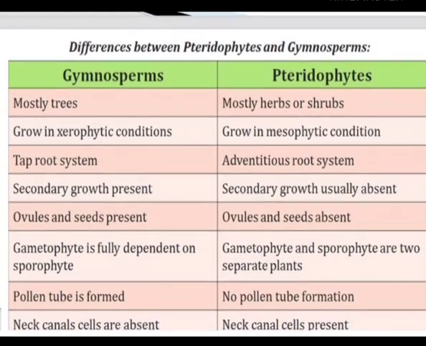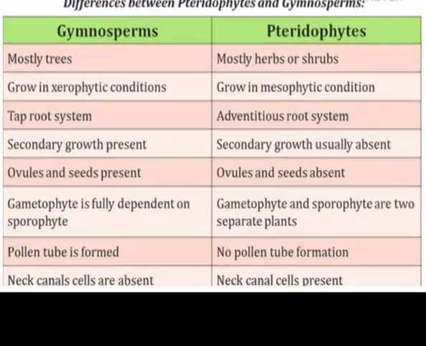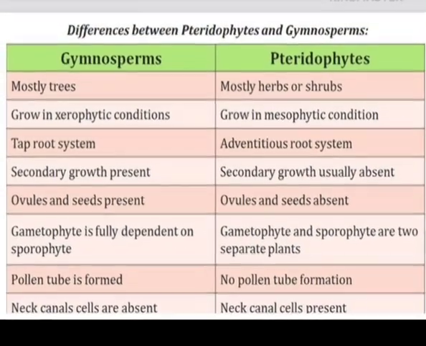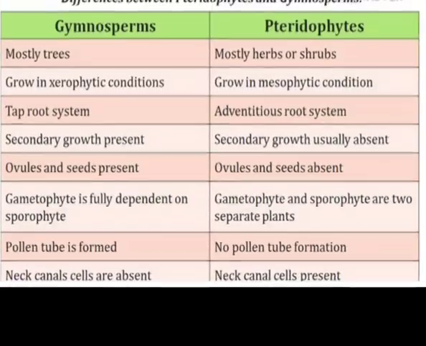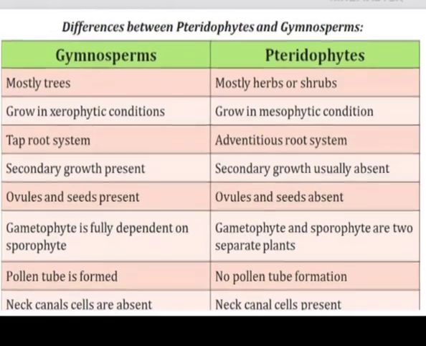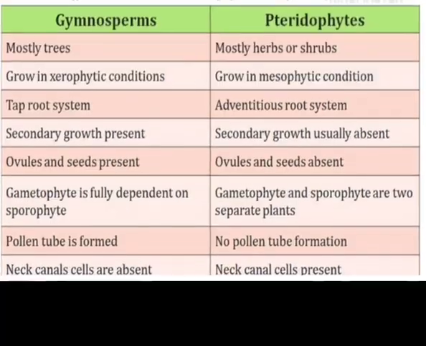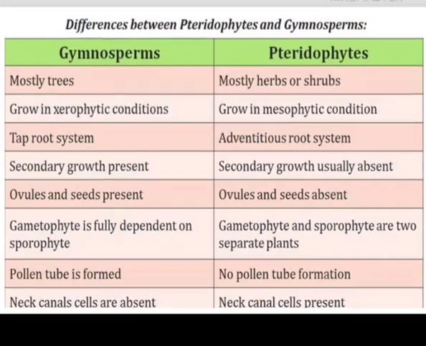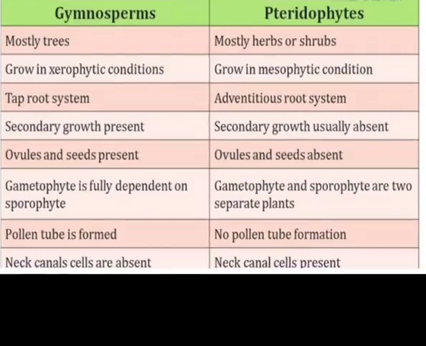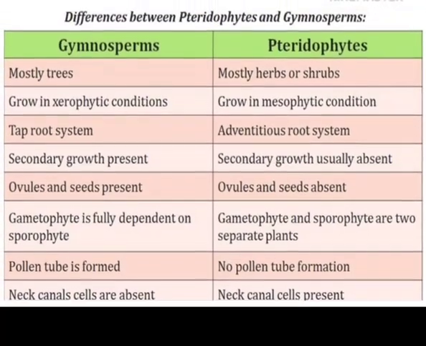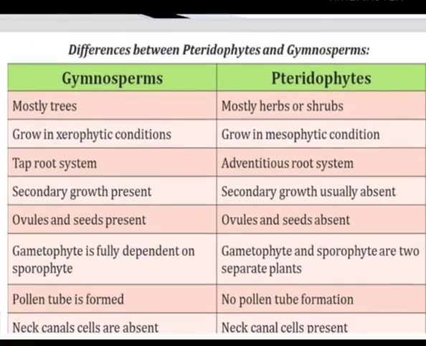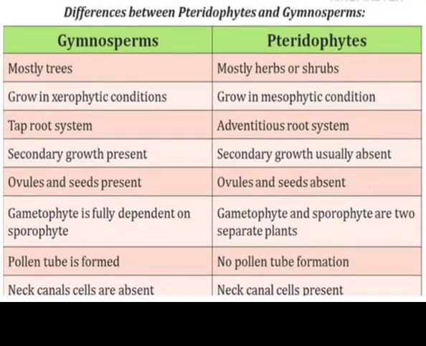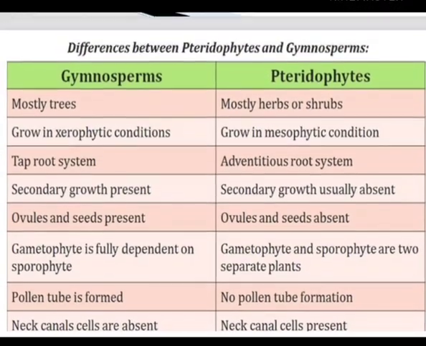Now the difference between gymnosperms and pteridophytes. Gymnosperms are mostly trees and pteridophytes mostly herbs or shrubs. Gymnosperms grow in xerophytic conditions, whereas pteridophytes grow in mesophytic conditions. Gymnosperms have a taproot system, here an adventitious root system. In gymnosperms secondary growth is present, whereas it is absent in pteridophytes.